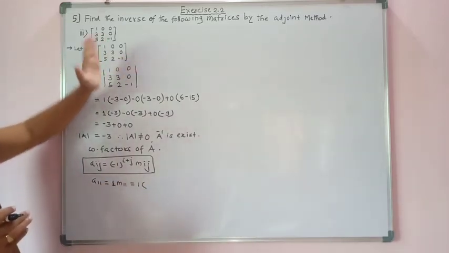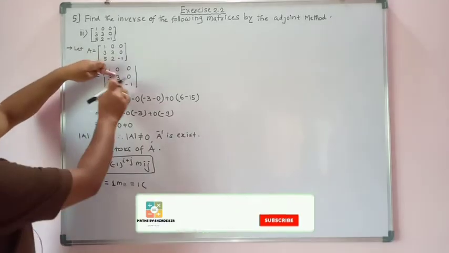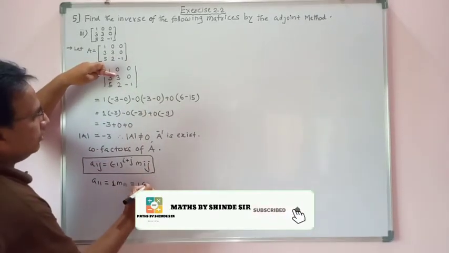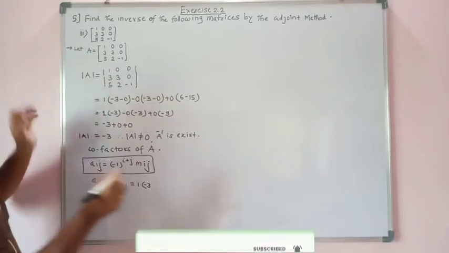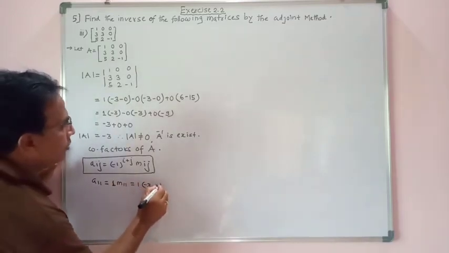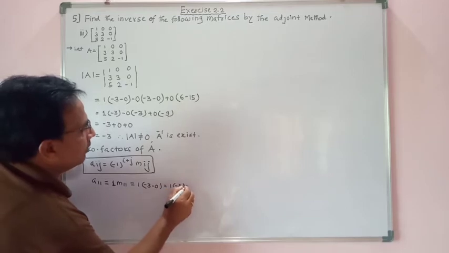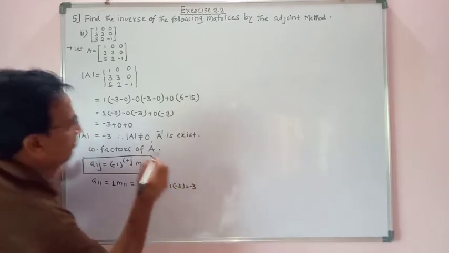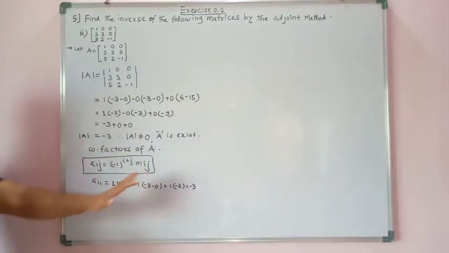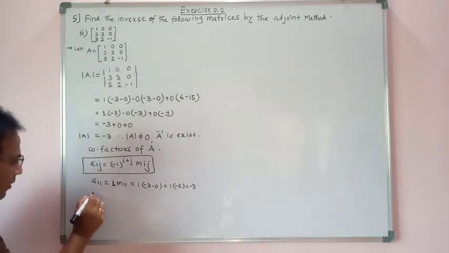Leaving off the first row and first column: 3 into minus 1 minus 3 into 2 is 0, so minus 3 minus 0 is minus 3. Plus 1 into minus 3 is minus 3. This is the first cofactor, minus 3.